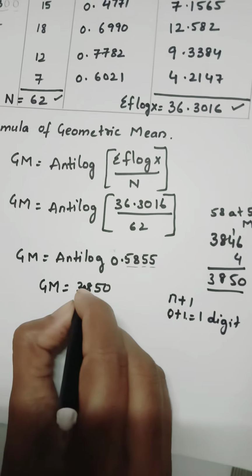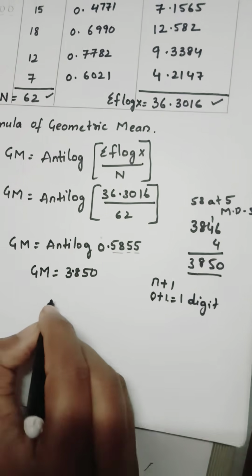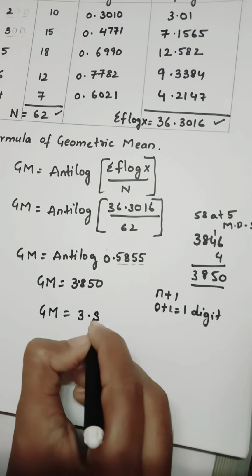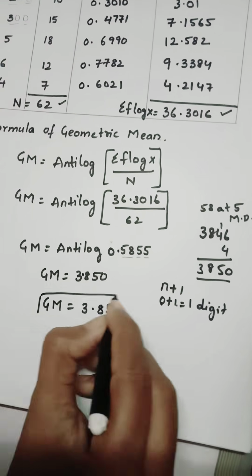After 1 digit you have to place the decimal point. Your answer is GM is equal to 3.85.